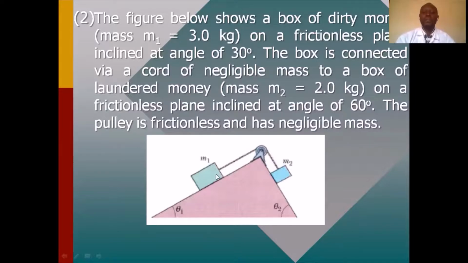The box is connected via a cord of negligible mass to a box of rounded money of 2 kilograms. The mass 2 is 2 kilograms on a frictionless plane inclined at 60 degrees. The angle θ2 is 60 degrees. The pulley is frictionless and has a negligible mass.